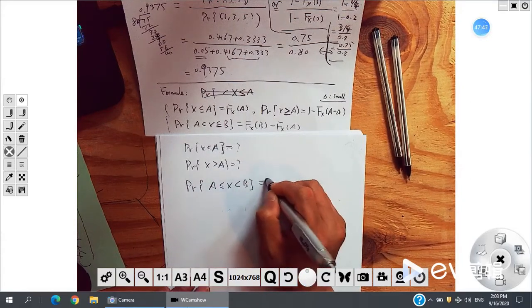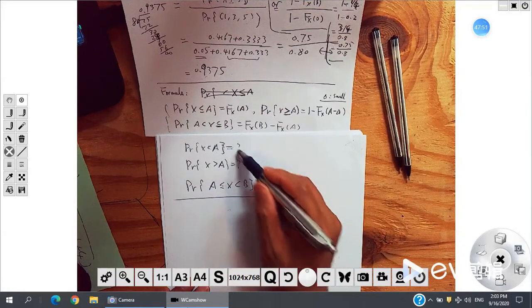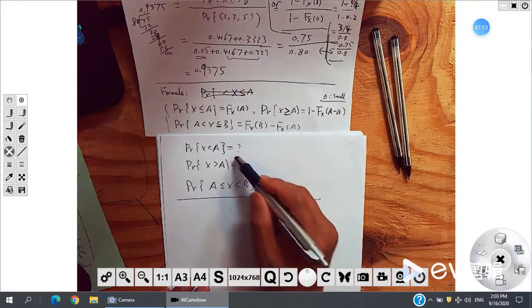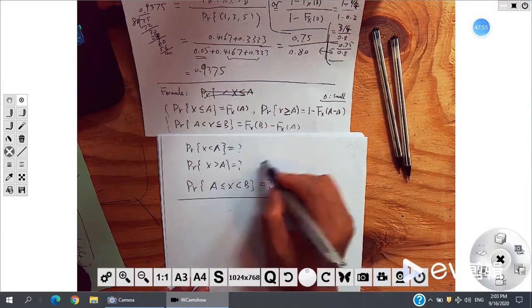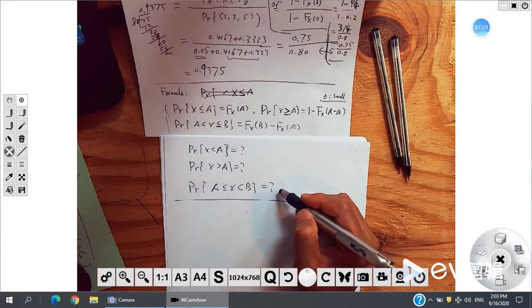What is it? Yeah, after class you can think: can we give some formulas? Can we do the calculation based on F_X to find out? Of course, you can use the mass function and that will be fine.